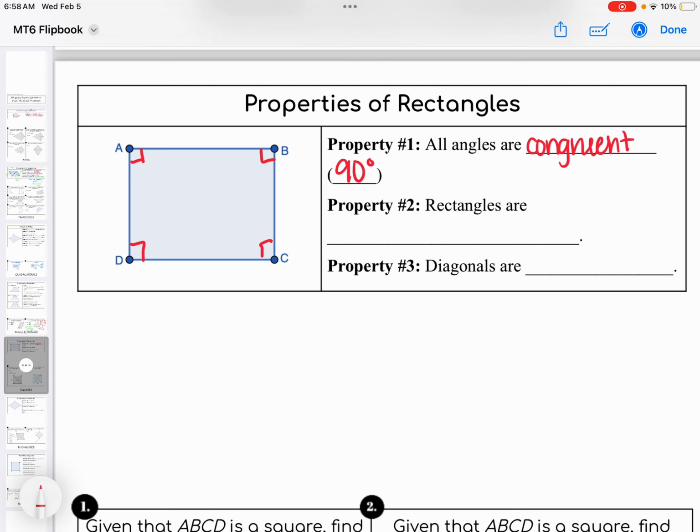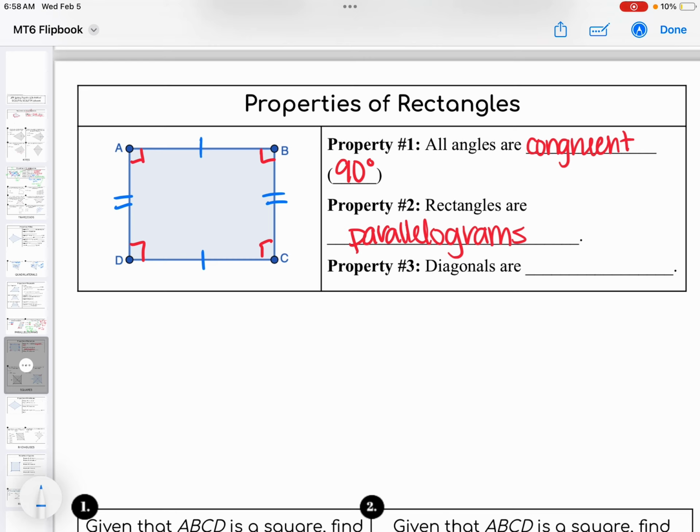The thing about rectangles is we also know that they are parallelograms because they are going to follow all of the properties of a parallelogram. So it's really good here to go ahead and remind yourself of what those properties are. So for a parallelogram, we know that the opposite sides are congruent.